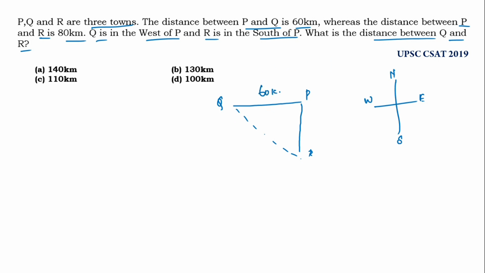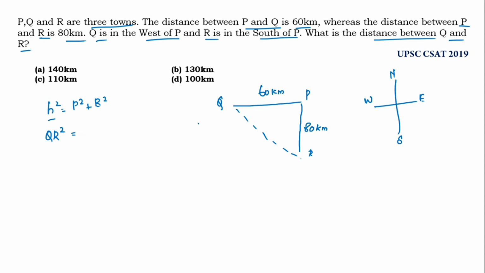So distance between P and Q is 60 kilometer. Distance between P and R is 80 kilometer. We have to find the distance between Q and R. Again, as per the formula, H square is equal to P square plus B square. So hypotenuse is equal to QR.